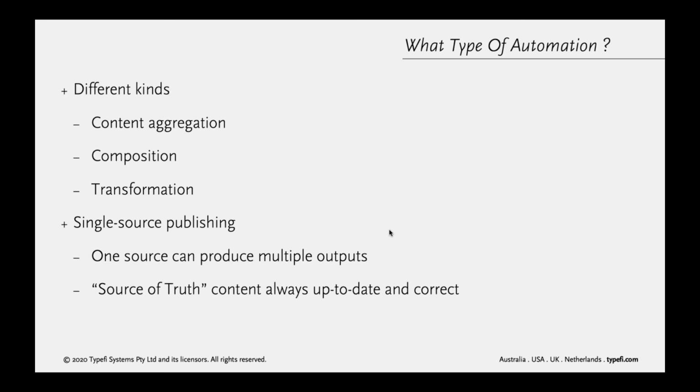And transformation means taking a content source and transforming it in some way to be suitable for a particular output channel. In single source publishing, you literally have one source content file that can be run through the automation process to produce all the different outputs you need.